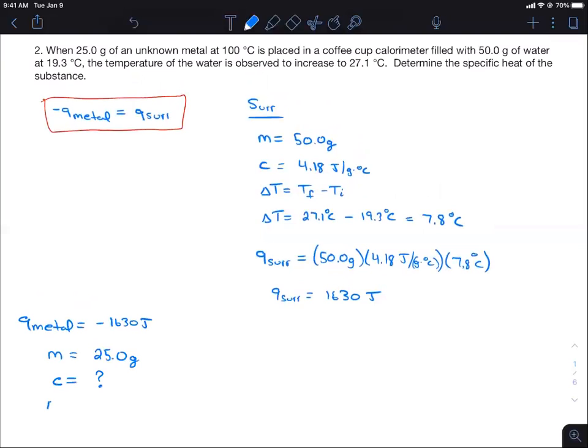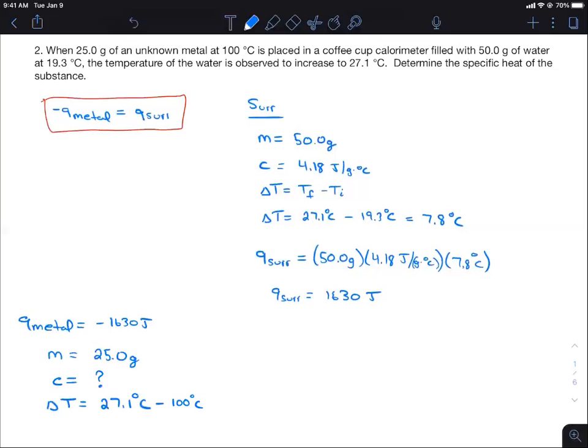And the delta T of the metal, again, we have to do final temperature minus initial. So the final temperature is 27.1 because everything's going to end up at the same temperature, and the initial temperature was 100 degrees Celsius.